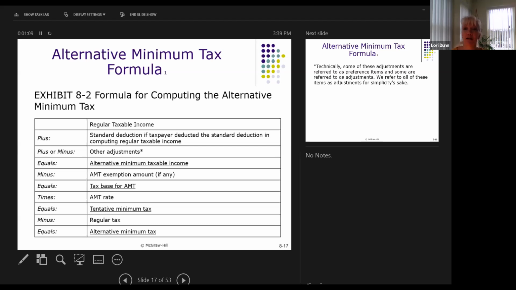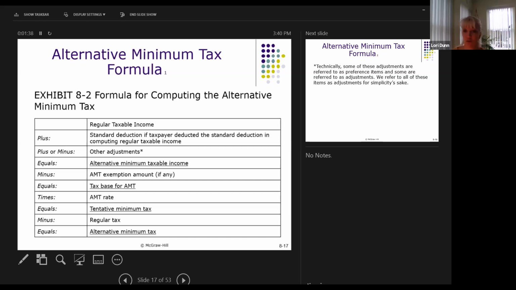When we do this calculation, if it is higher than the normal tax calculated for the return, they pay the extra amount as alternative minimum tax.